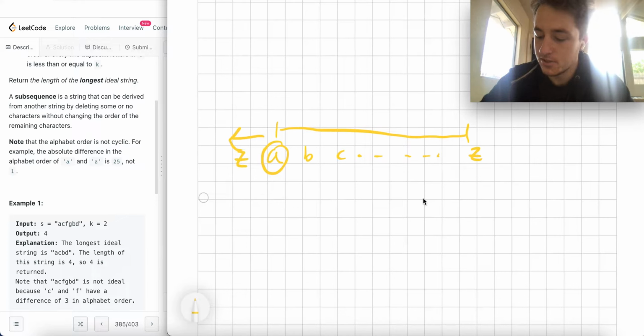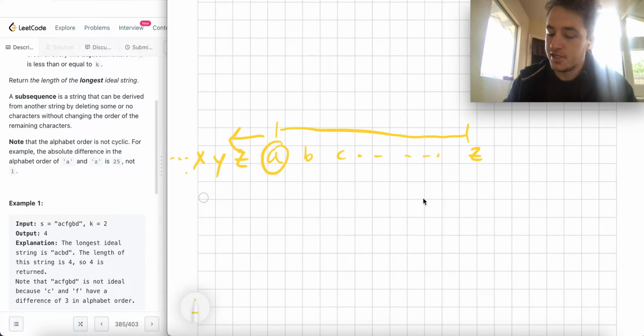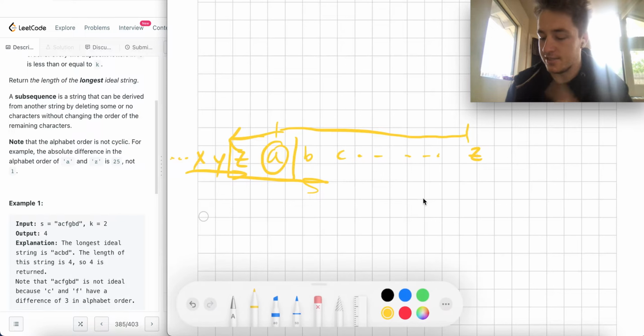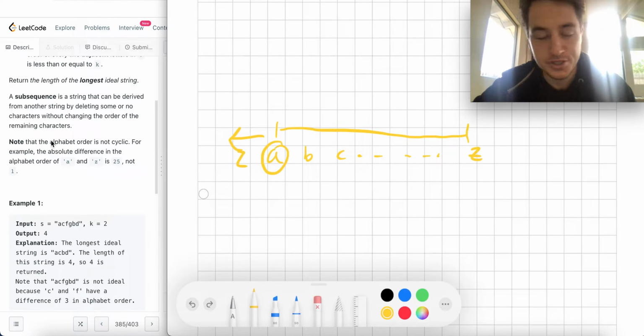Imagine if the alphabet were continuous, so it went A through Z, and then A started again, so you could say these are a distance of 1 away. But no, they're 25 away because it's not a cycle. Okay, I didn't even think about that, but I guess that is an important distinction to make.